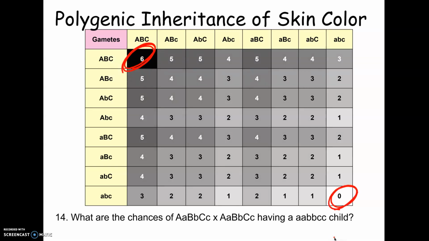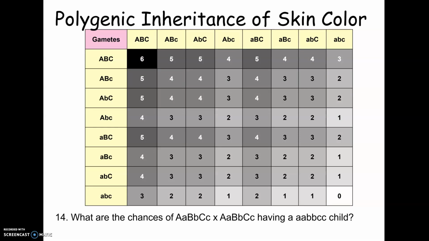If you have all lowercase letters, you would be very, very light. But the actual combination doesn't matter. You could be big A, big B, big C, little c, and you would be the same color as big A, big B, little c, because both of these have three capital letters. So in polygenic, the actual letters don't matter.